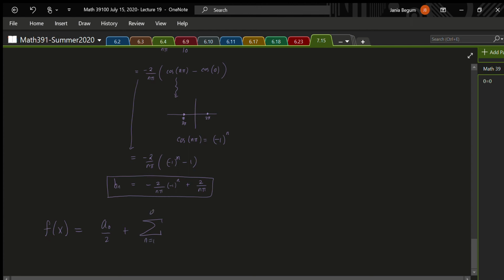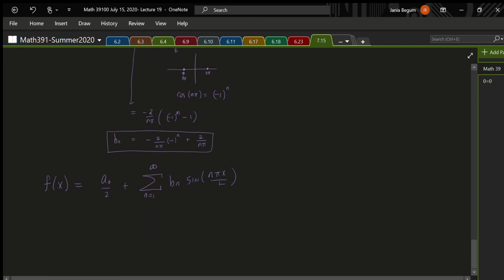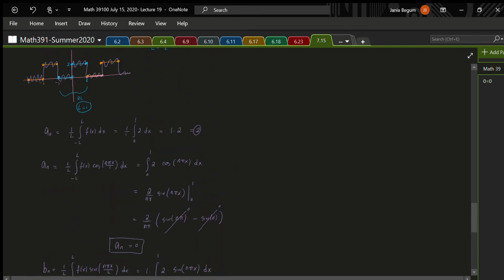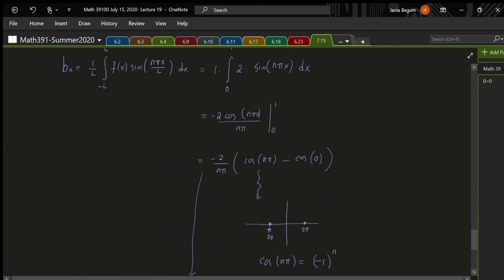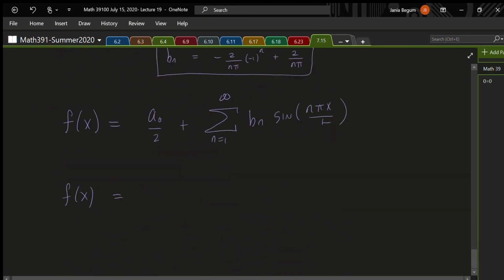So we only have Bn sine of n pi x over L. Let's plug those in. So the Fourier series for this f of x is A0, which happened to be 2 in this case, right? That's right there. So we have 2 over 2, that's 1, plus the sum starting at n equals 1 to infinity of Bn.